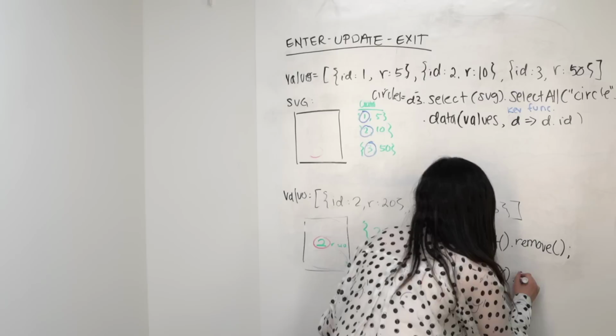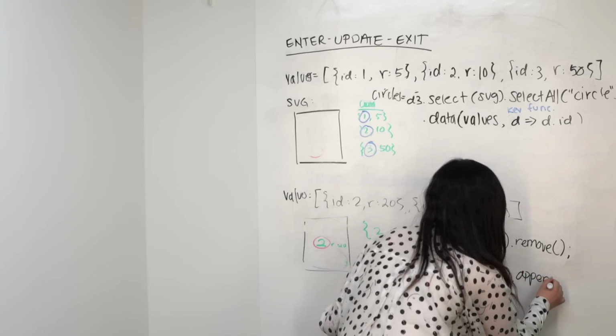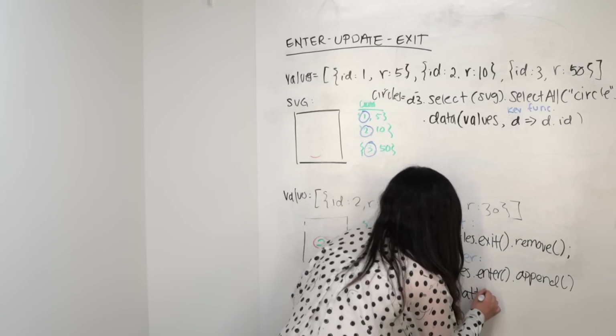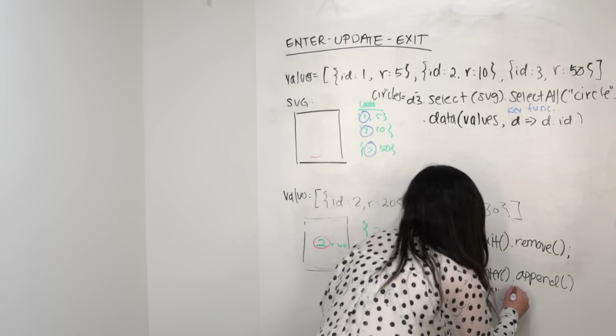But what we want to do is dot append, like we had before. And then this is where you can say dot attribute, like you can set your attributes.